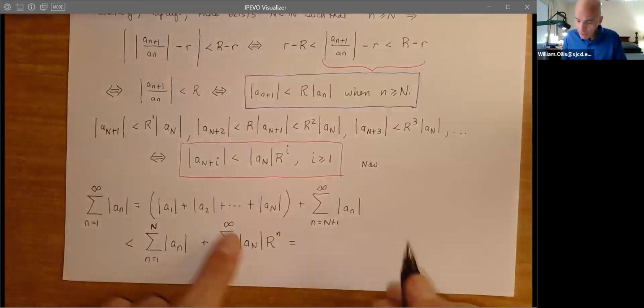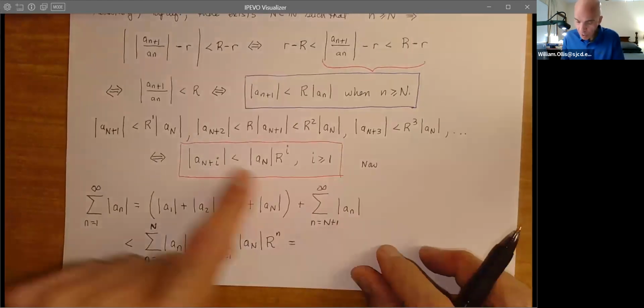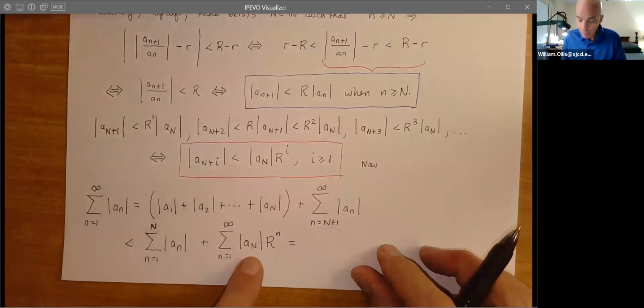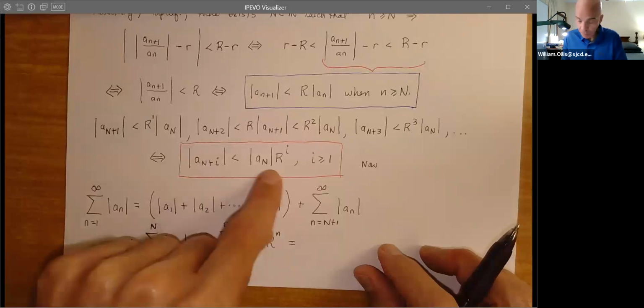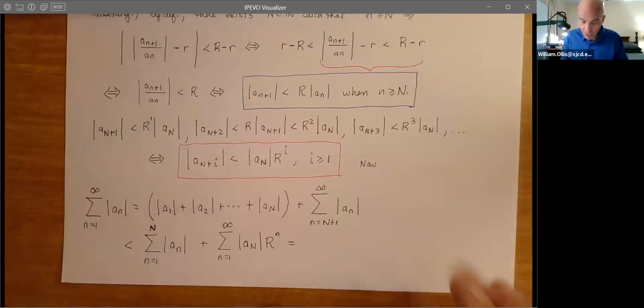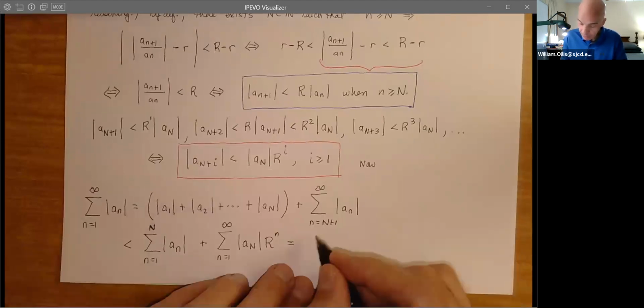So now what I've done is replaced all of these with their upper bounds. That is the number, absolute value of a sub n times r to the n, starting with 1, 2, 3, 4, etc., getting all of these guys here. But now this is just finite, so I'll just write it again.